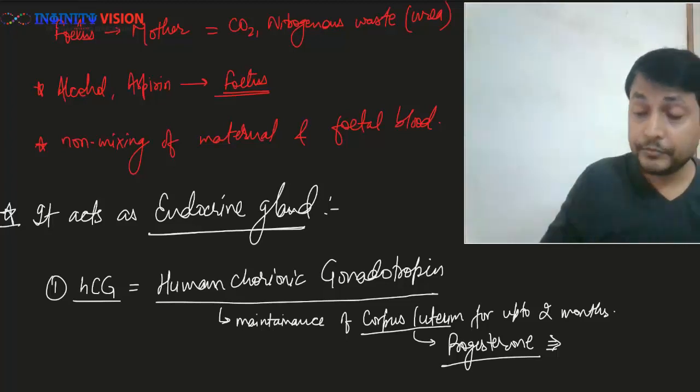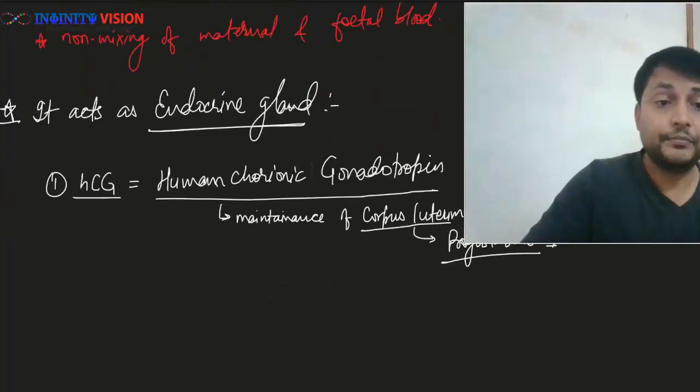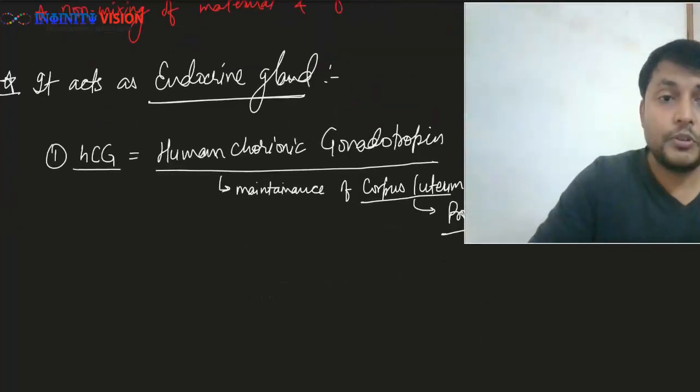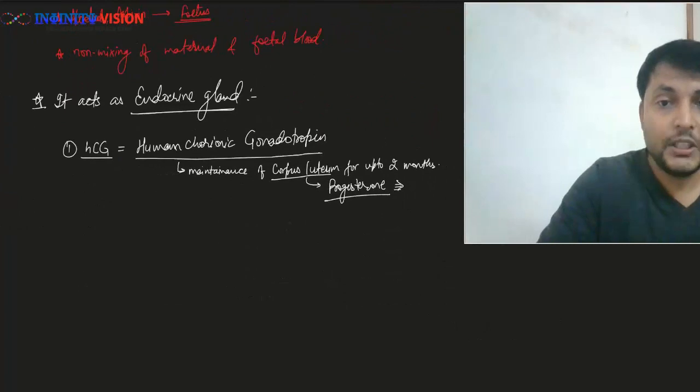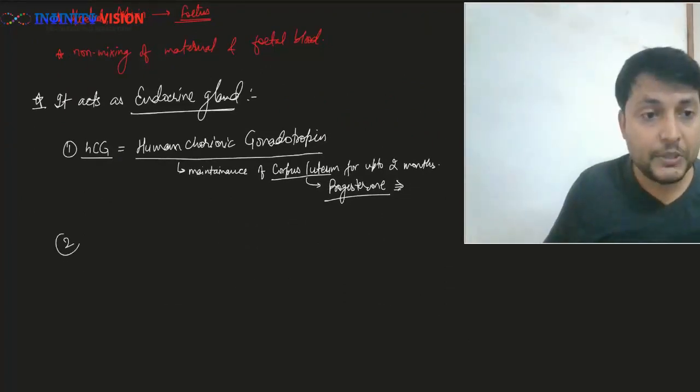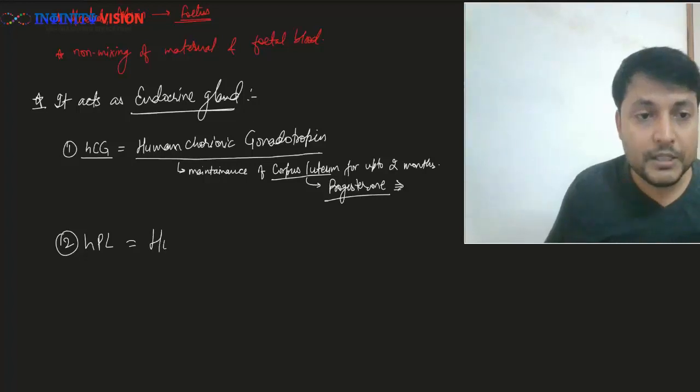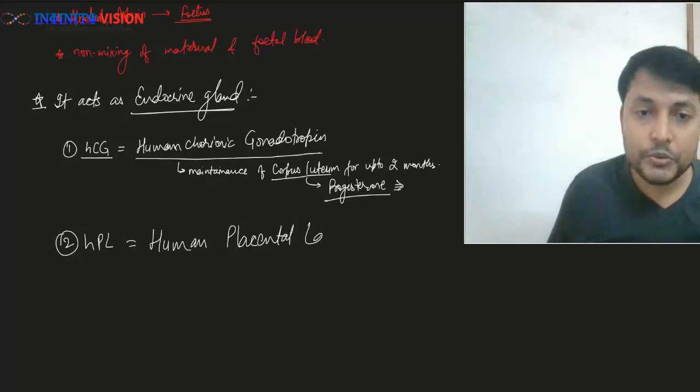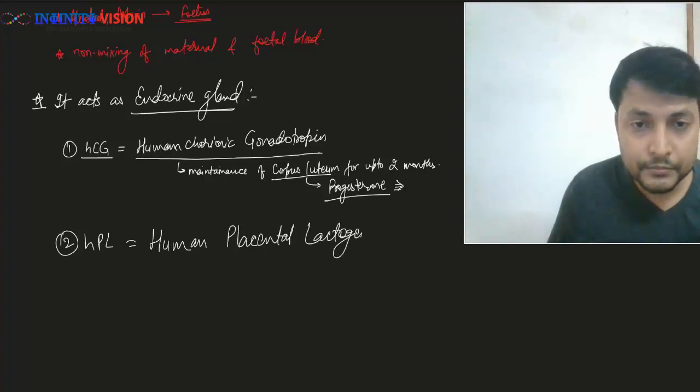Okay, great. What else? So this is one hormone that the placenta secretes. The second hormone is called HPL. Okay, HPL, the full form is human placental lactogen.